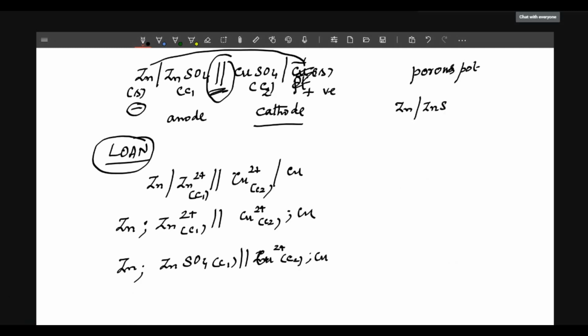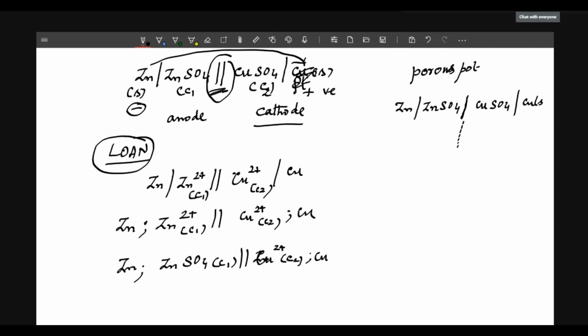we will represent it by a single line, between copper sulfate and copper solid. In some cases, instead of a single line, they use a broken line indicating there is a porous passage. Therefore, whenever a single line is used, remember that a porous plate or porous pot is used.